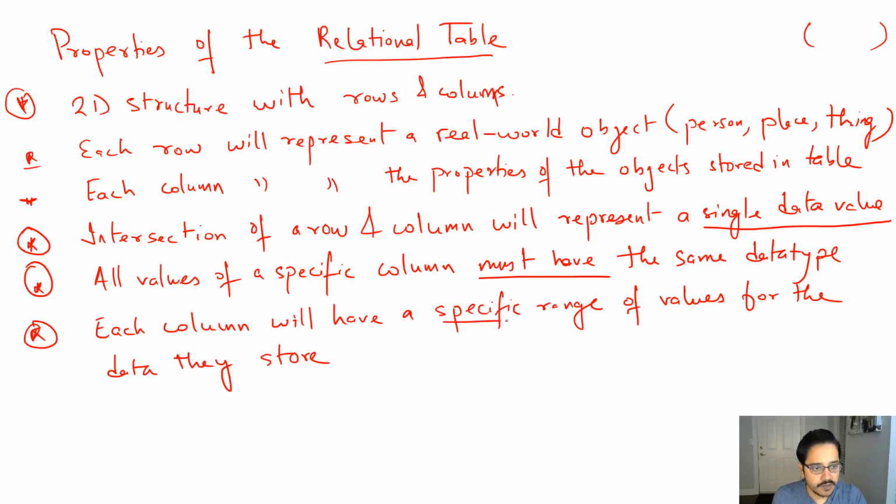And this specific range of values is also known as its attribute domain.